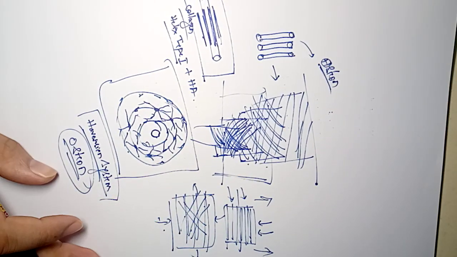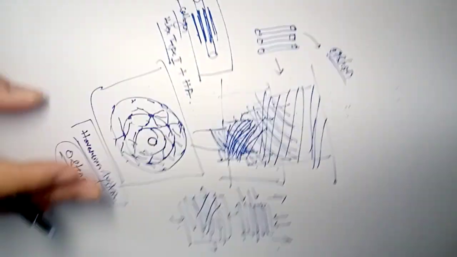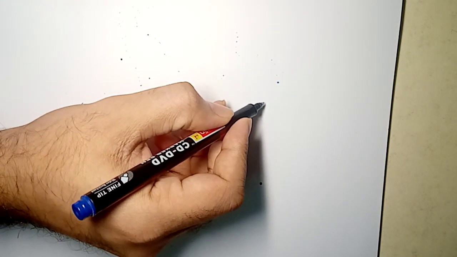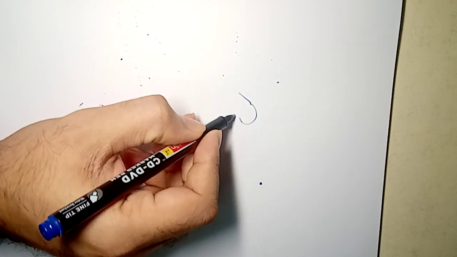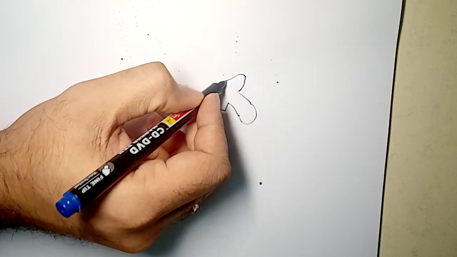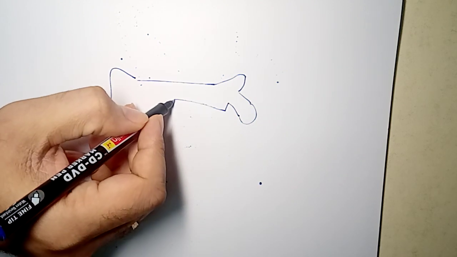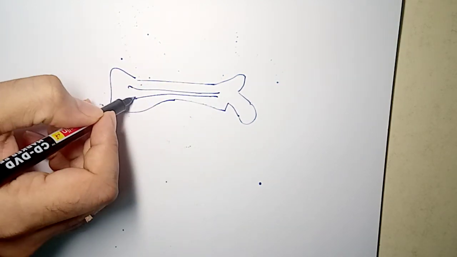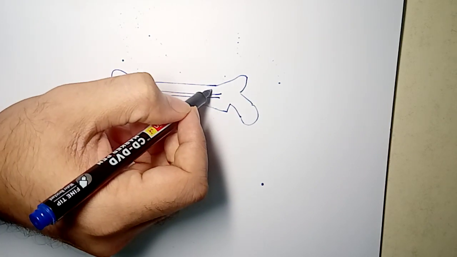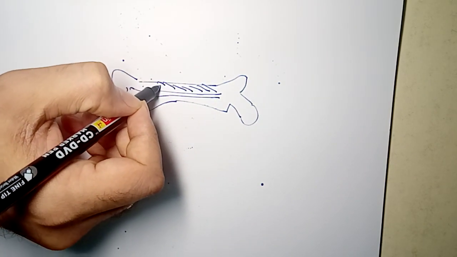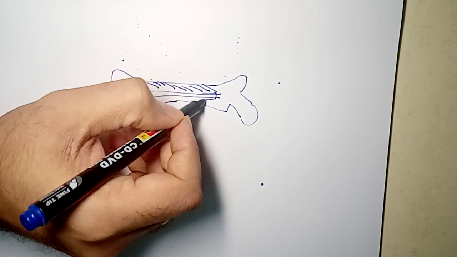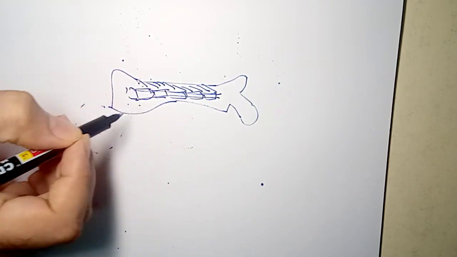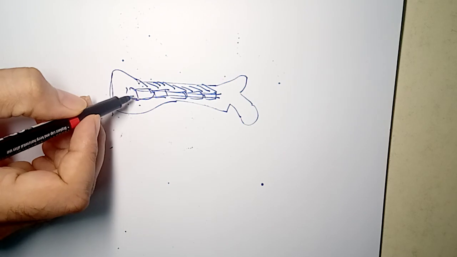Okay, so again, if you take a femur, this is the medullary cavity, this is the cortex, and there is a spongy bone here, there is the epiphysis.